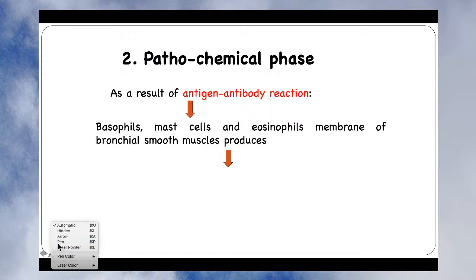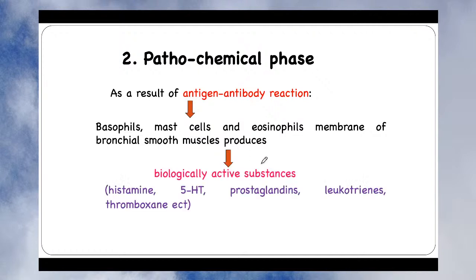So there will be release of the chemical, because the antibody is bound to the antigen, or to this cell: mast cell, basophil, and eosinophil. When they bind to this cell, the membrane of bronchial smooth muscle produces biologically active substances, and we have seen all these in the autocoid chapter, right?